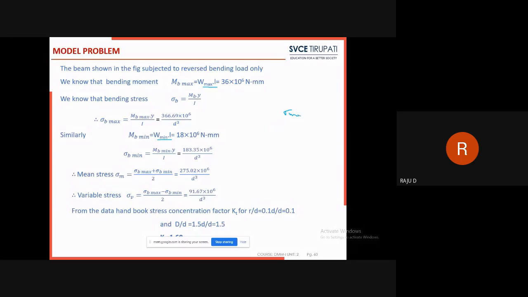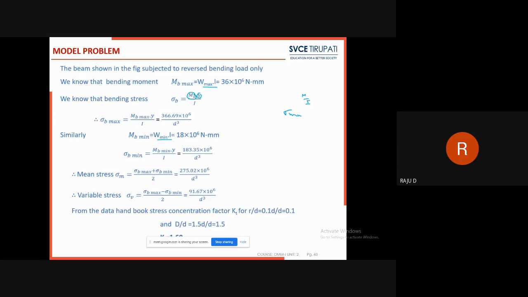According to the bending moment formula, M by I is equal to E by R is equal to sigma by Y. From this relation, you have to calculate the maximum bending stress and the minimum bending stress. That is sigma B equals M_B into Y by I. M_B means maximum bending moment, and Y means the distance from the neutral axis. Y is equal to D by 2, depth by 2.